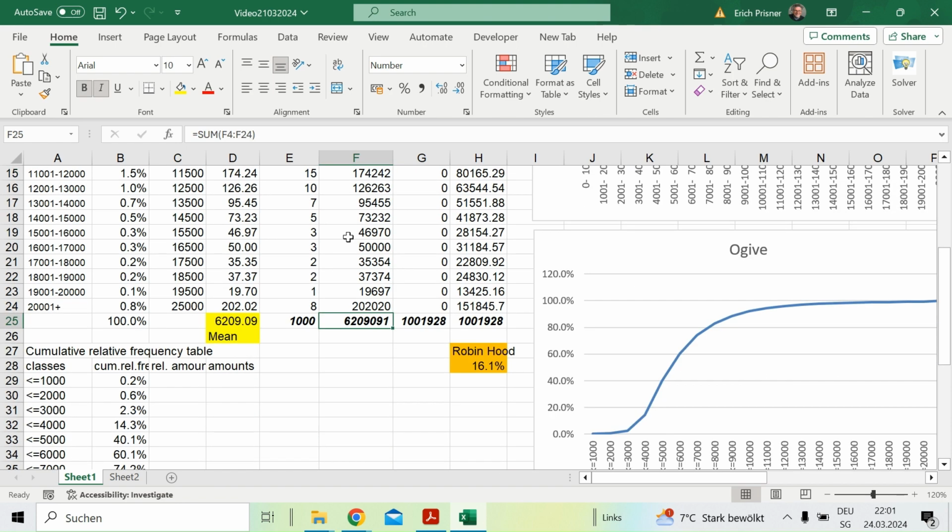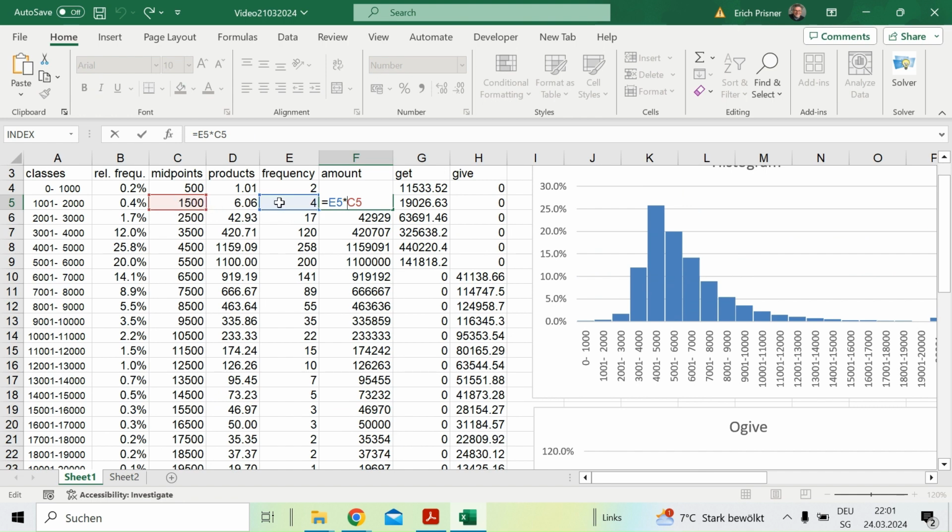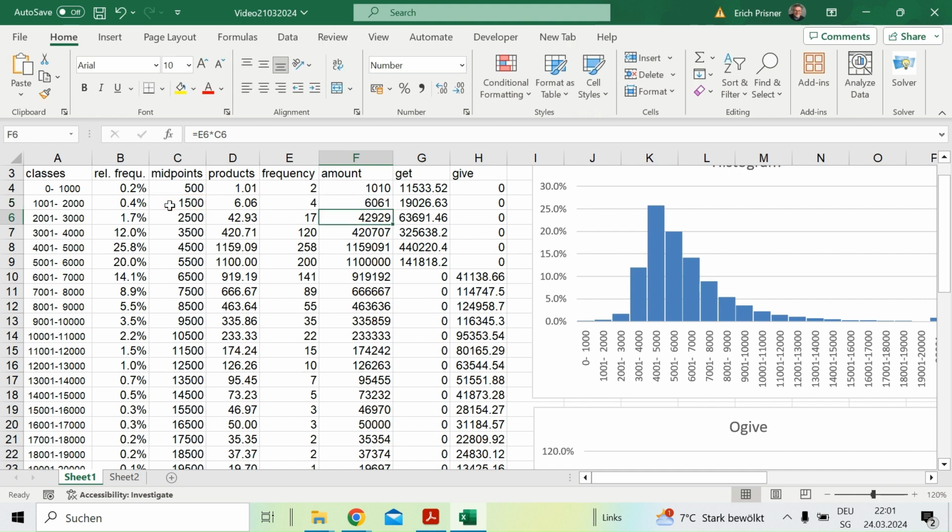So the amount is always the number of people in the class multiplied by the midpoint, because the midpoint of the class would be the average income of people in this class. It's our assumption throughout. So we know how much the people in these different classes get together.